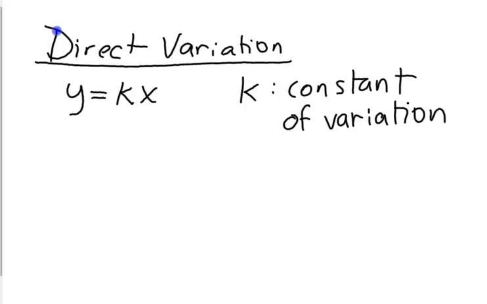Divide by x. So if I divide both sides by x, it cancels on the right and leaves me with k, but over here I'm left with y divided by x. These two are the same. They're just written in different formats. So if it looks like either one of these, then it's direct variation.